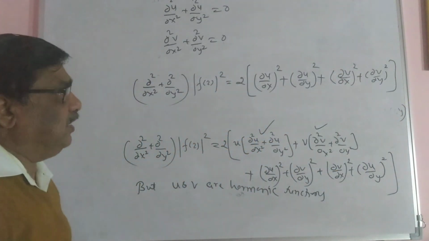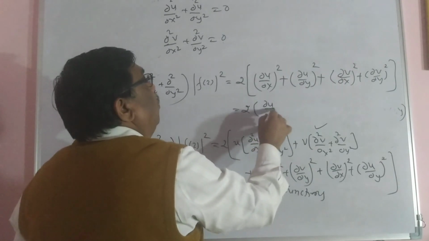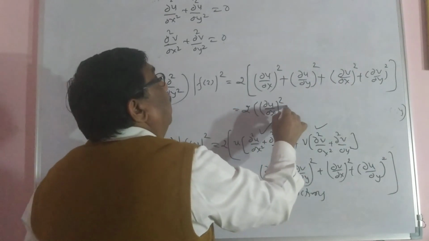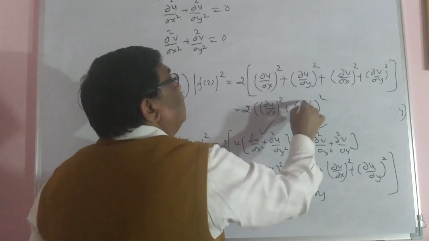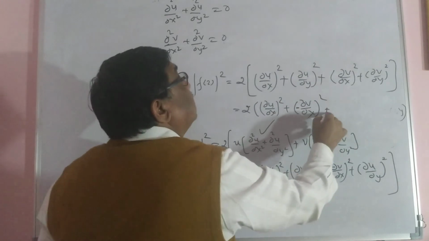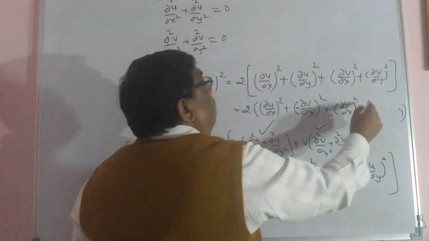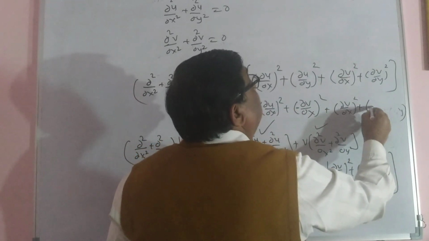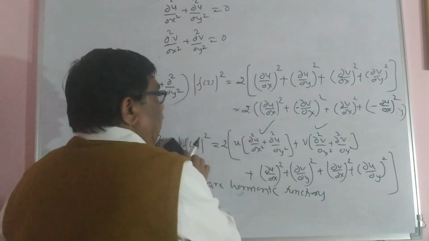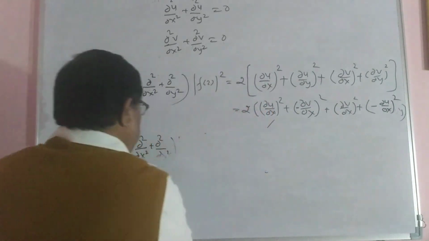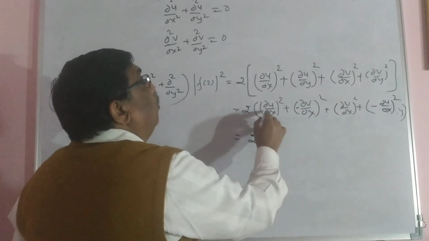But by the CR equations, you can remove the y terms: 2 times (∂u/∂x)² plus (∂v/∂x)². Of course, the minus squared becomes a plus, so plus (∂v/∂x)², and this is minus ∂u/∂x, whose square becomes a plus sign, so it is 2 times (∂u/∂x)².